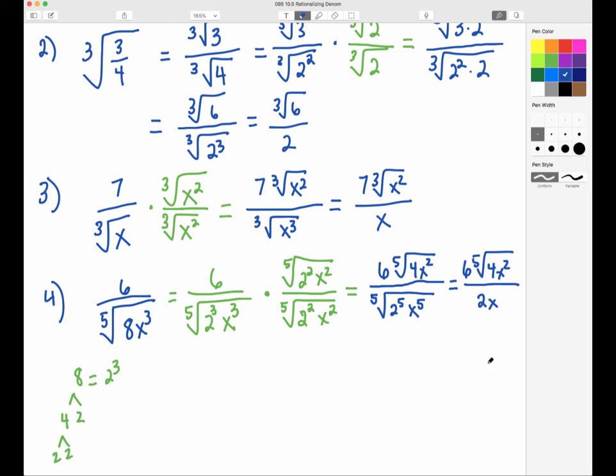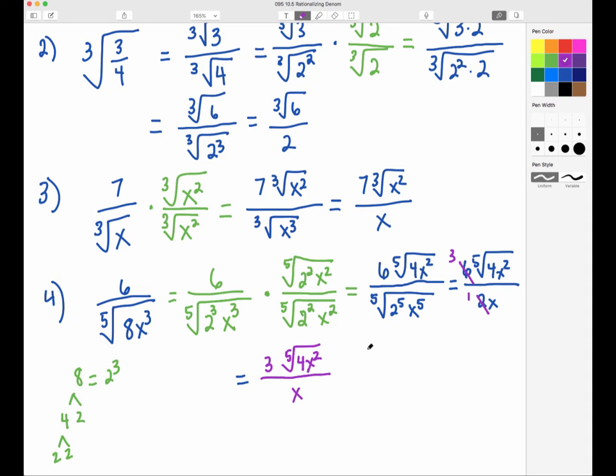Now there's one more step we need to do on this problem, and it is to reduce my fraction. I looked and saw that 6 and 2 have a common factor, 2. 2 goes into 6 and 2 goes into 2. So I'm going to simplify a little bit and say 2 goes into 2 once, 2 goes into 6 3 times, and then rewrite my answer: 3 times the 5th root of 4x squared all over x.